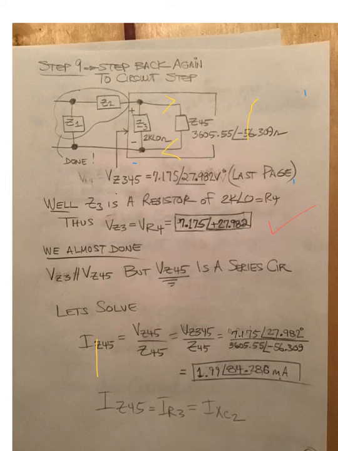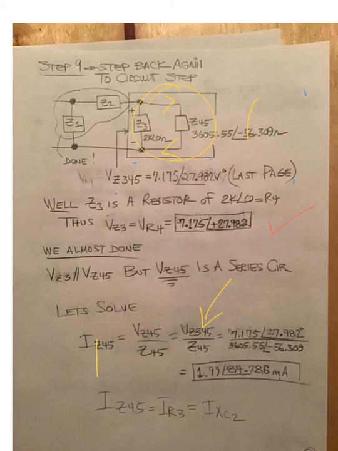Okay, so it's a series circuit in there, and it would be very useful to compute this current that we're looking at over here as quickly as possible. So the current that flows is just calculated by Ohm's law. We already know what the voltage of that Z45 is.